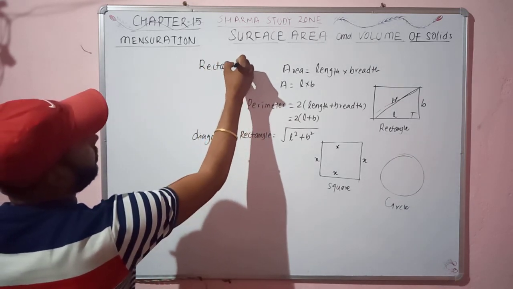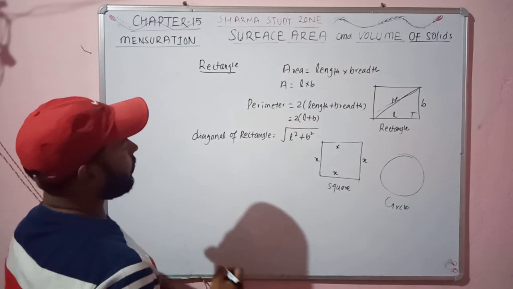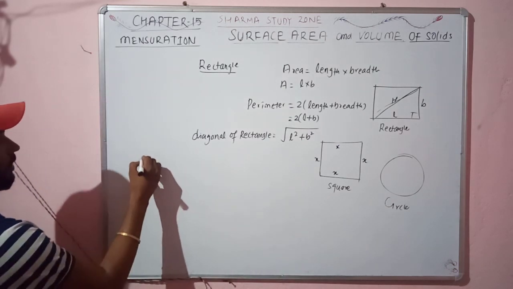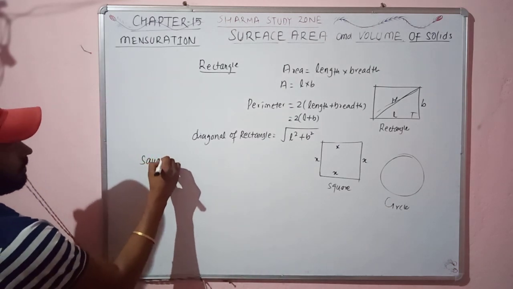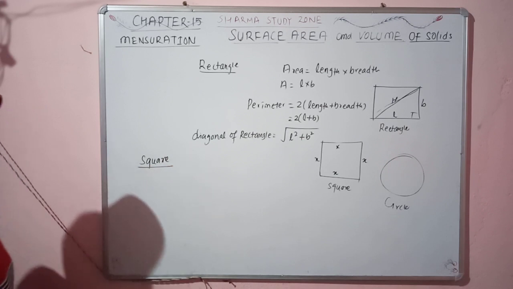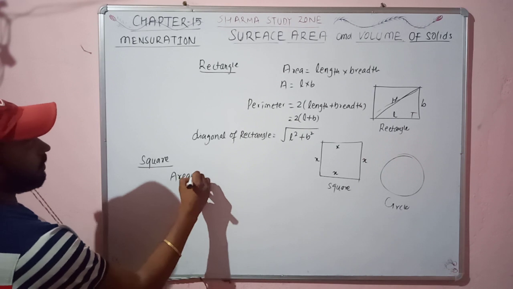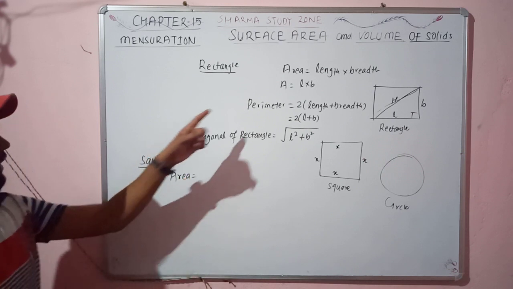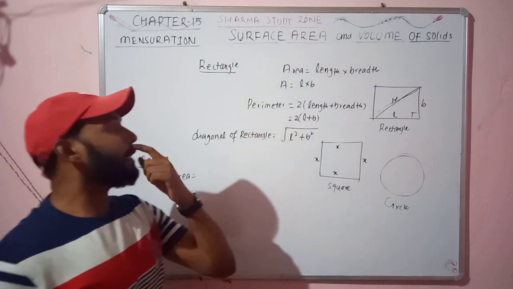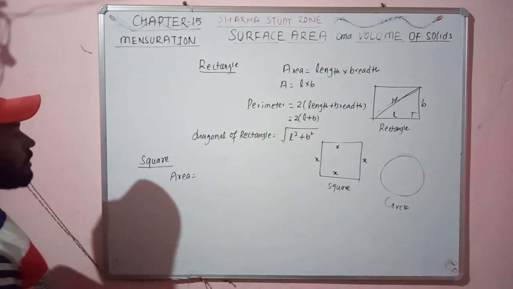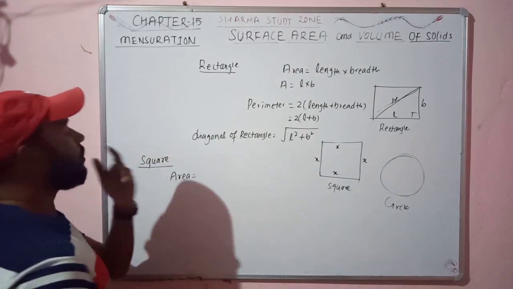Let me make a heading. This one was for the rectangle. Here we are describing the square. So if we have to find the area of a square, by using the formula of the rectangle, we can find the formula of the square.